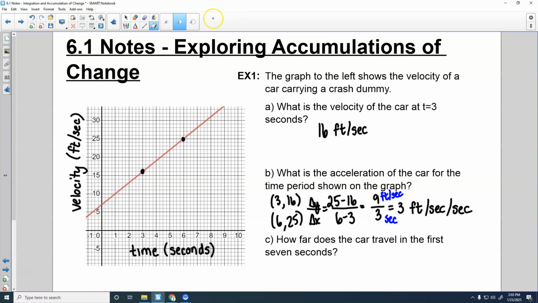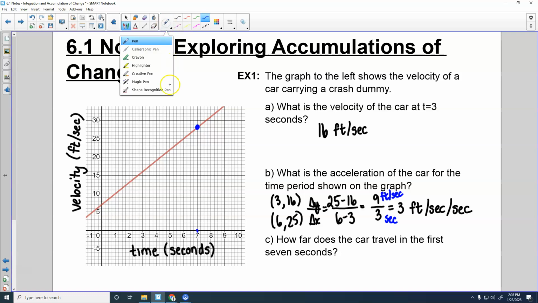So the first 7 seconds, I'll erase those, is up to here, which goes to this point right here. So it is going to be impossible for us to do like 7 times the velocity because the velocity is changing here.